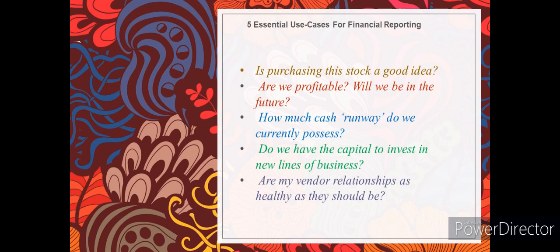These interested parties are the government, the investors, the suppliers, the customers, or various financial institutions and banks, so that in whatever form they need information, the financial reporting should be able to give that information to them.